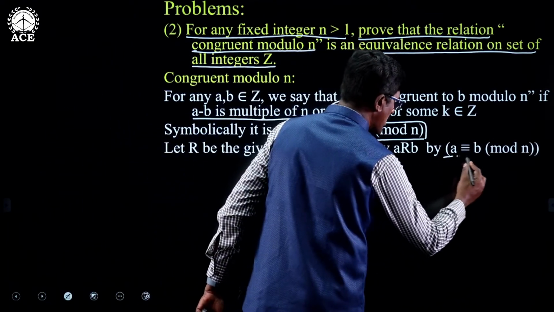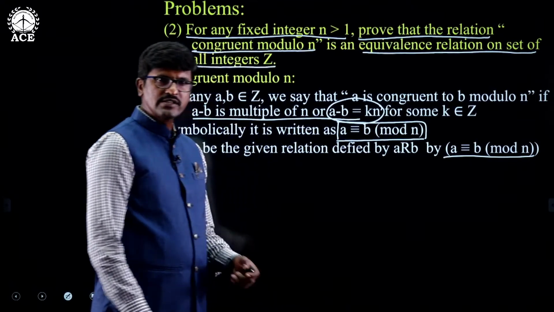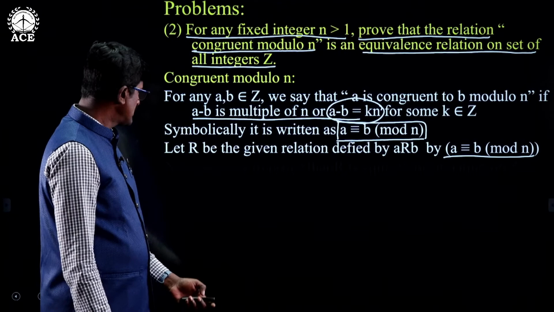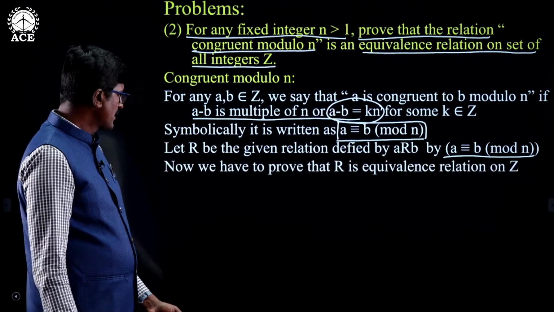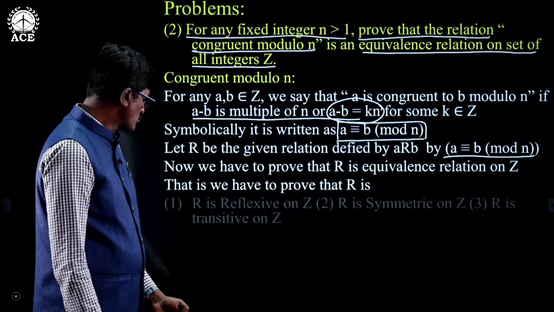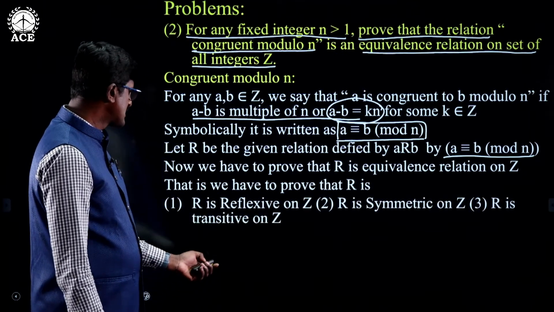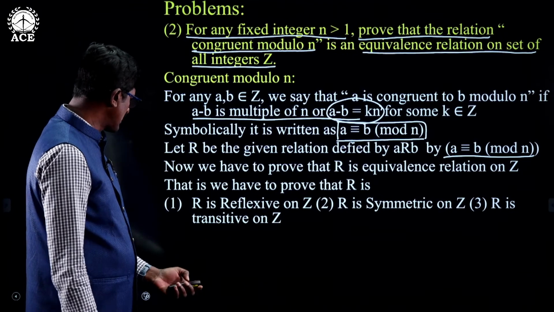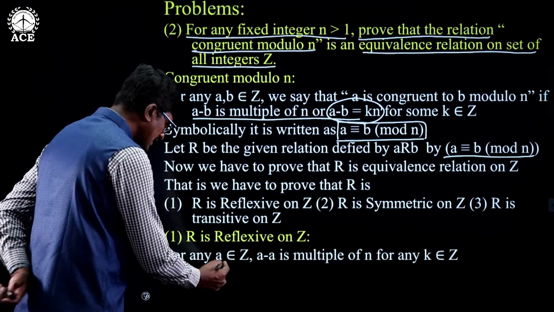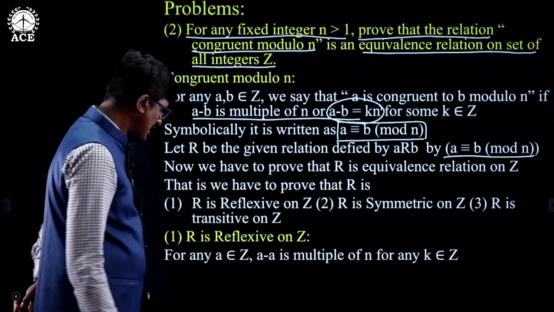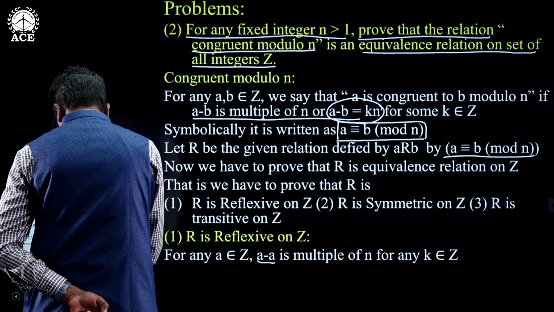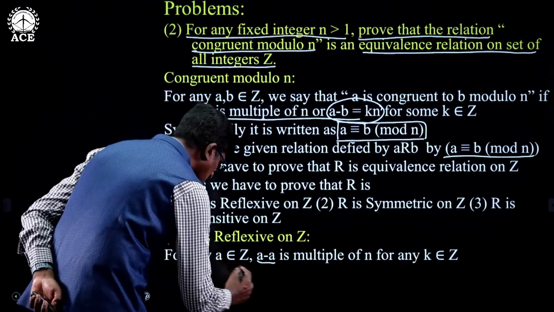A is congruent to B mod n. Now we are going to check whether this is an equivalence relation or not. To check this, you need to verify the reflexive property, the symmetric property, and the transitive property. First, the reflexive property. If I take any integer A, then A minus A is a multiple of n.